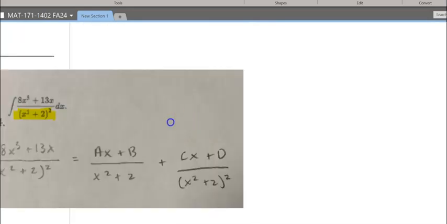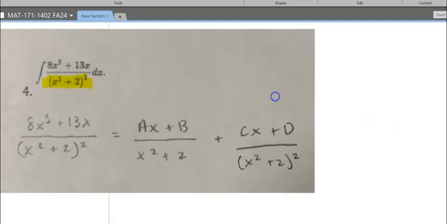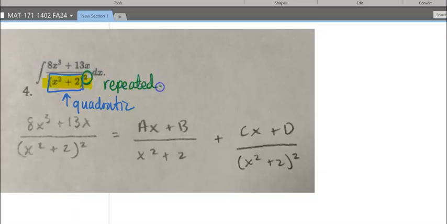So let's go back and look at what you sent me. Your denominator is already completely factored. This is not linear. That x squared plus 2 is quadratic. But it is also repeated. So let's take that in 2 steps.